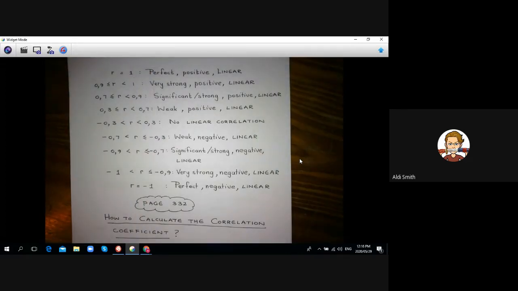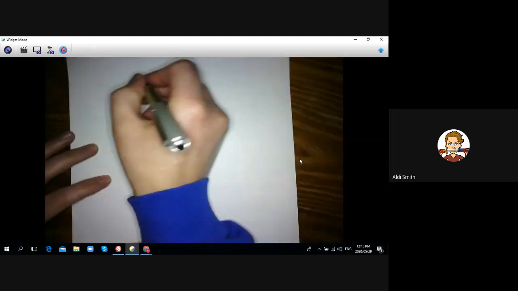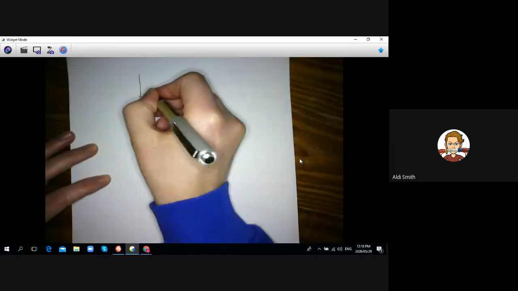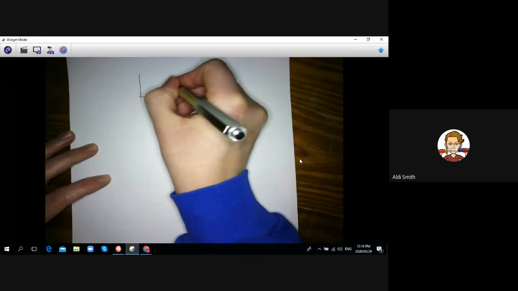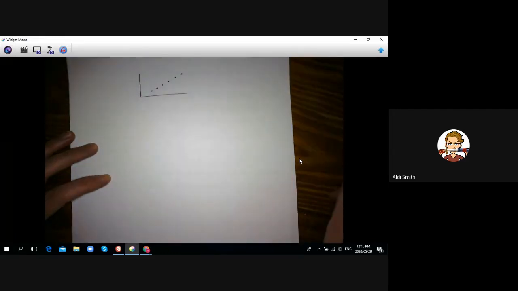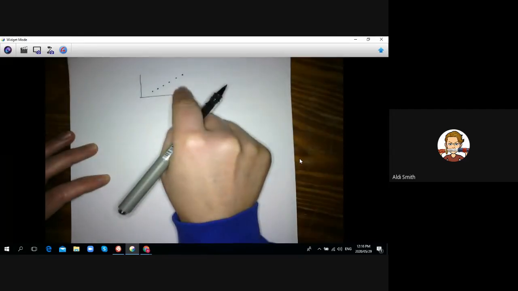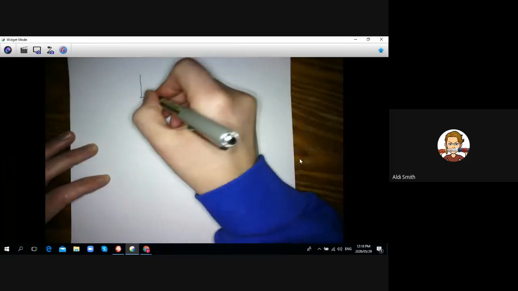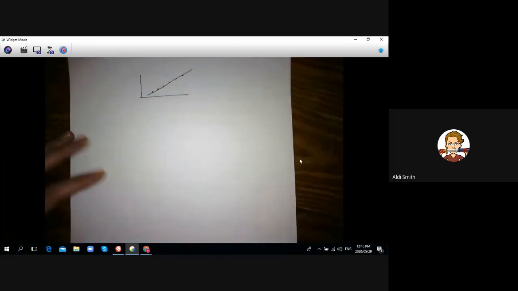So it pretty much would look like this. If I had to draw a correlation of 1, it would be like this. That is about a correlation of +1, because you can draw a line and all of the points pretty much fall exactly on the line. It's a perfect correlation. Okay.